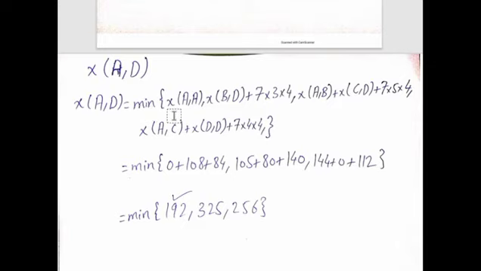So for the first possibility, if we have taken A on the one side and three matrices on the other side, so x A self multiplication and x B comma D, we are having the three matrices on the other side, right? So I will explain it to you from the problem.